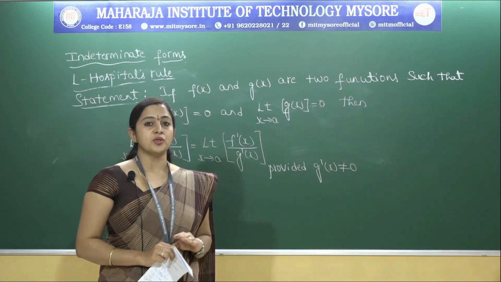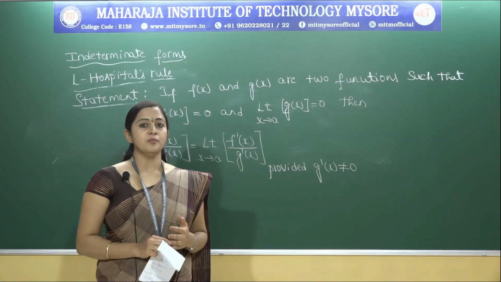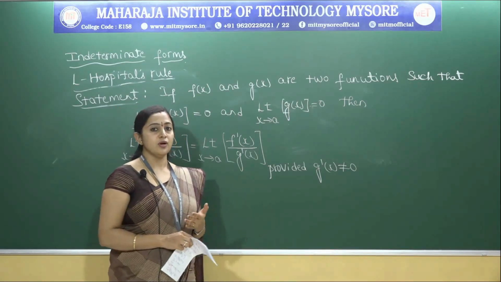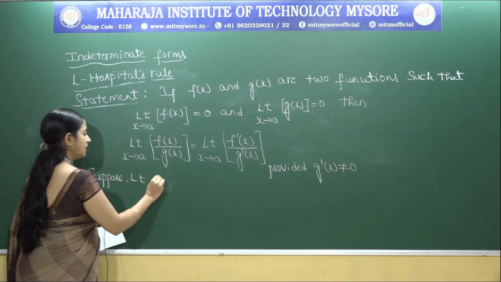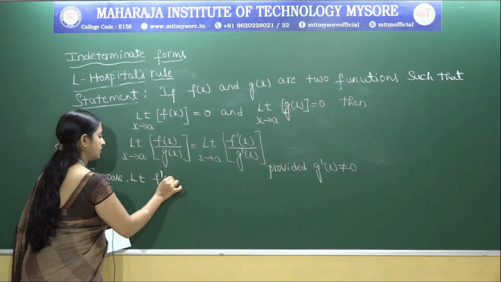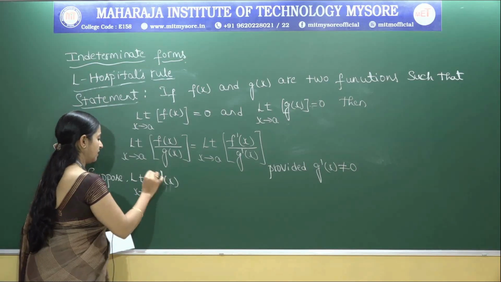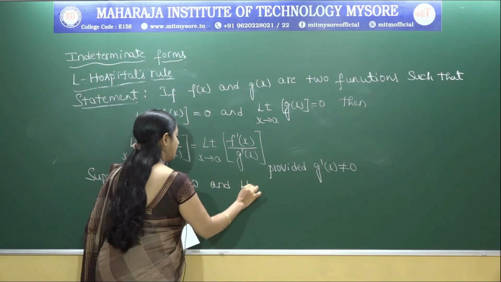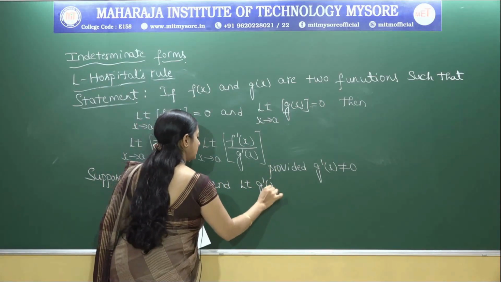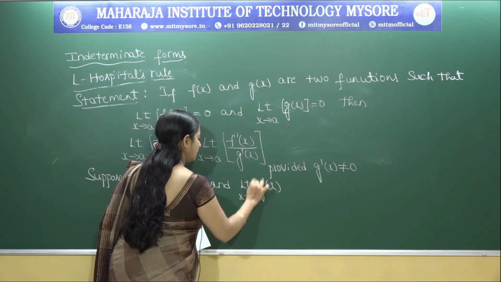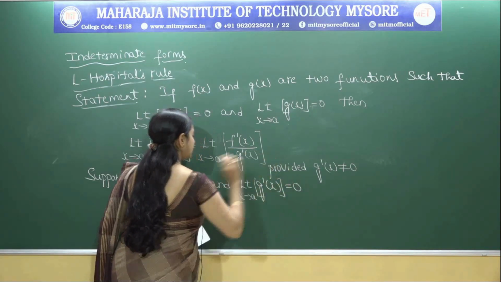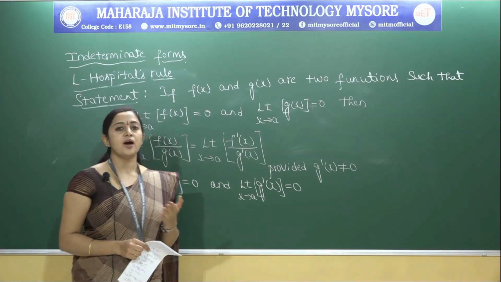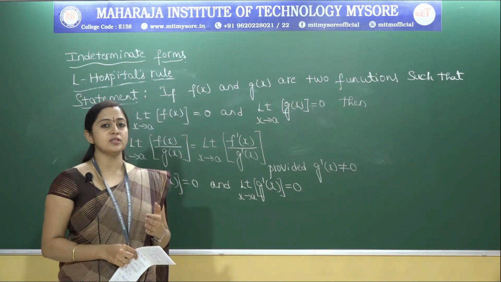So this is the L'Hospital rule. Suppose the next form is also an indeterminate form, you have to differentiate the numerator and denominator once again till you get the real value. Suppose the limit of f dash of x as x tends to a equals 0 and the limit of g dash of x as x tends to a equals 0, then you have to differentiate the numerator and denominator once again.